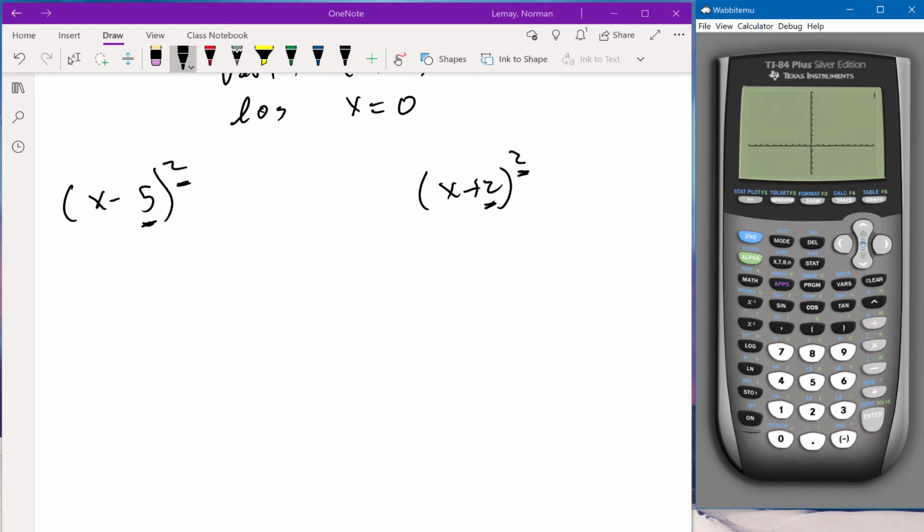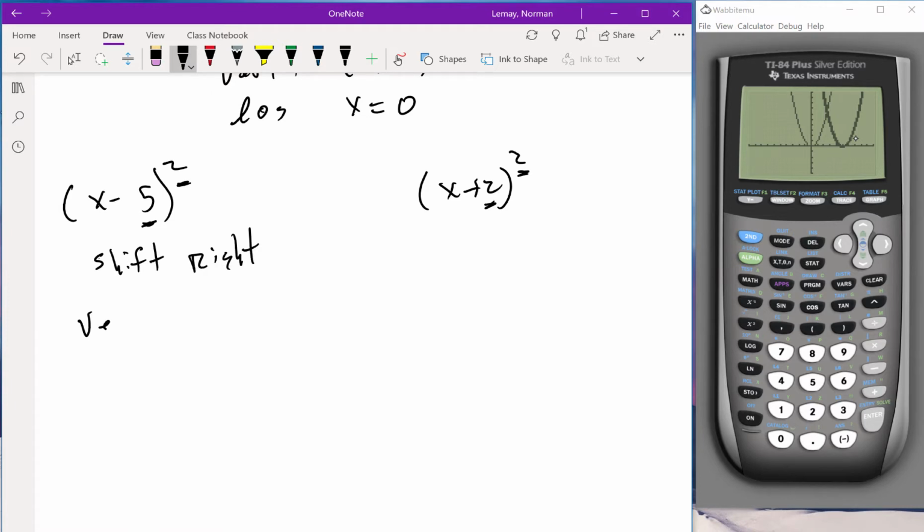Okay, now let's take a look at a graph. So here is the graph of x squared, and here is the graph of x minus 5 quantity squared. And can we notice that this graph of x squared was shifted to the right? Okay, shifted to the right. So this appears to be a shift right. And notice that the vertex has now changed.